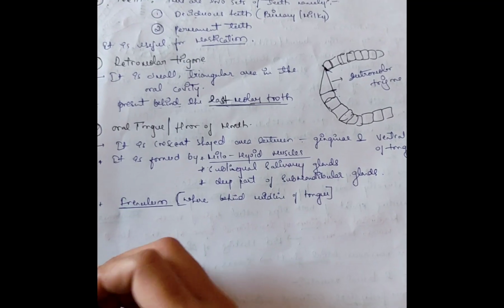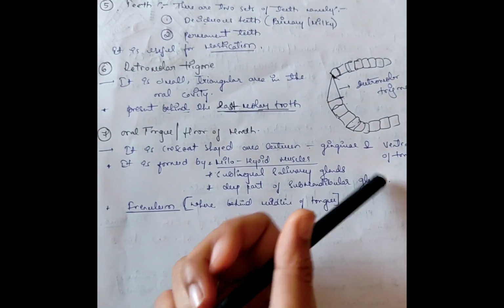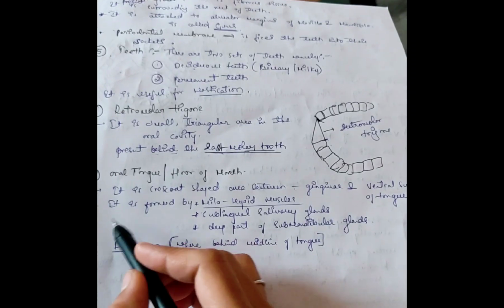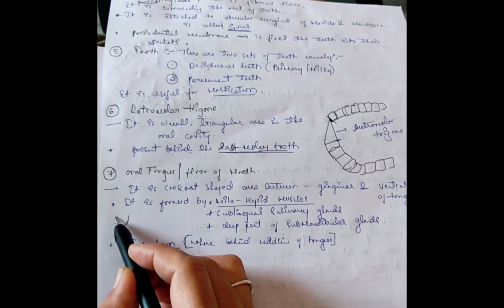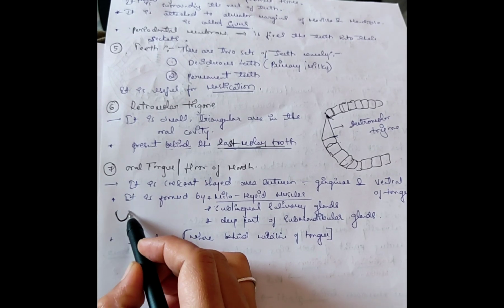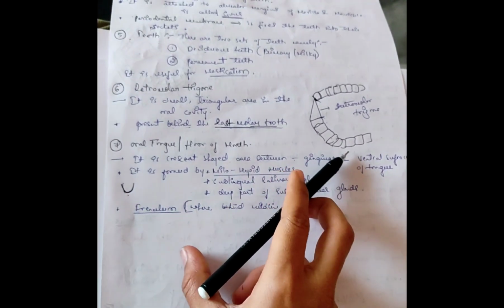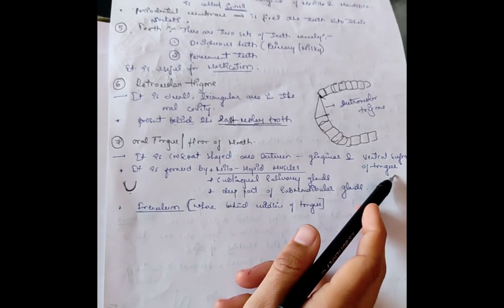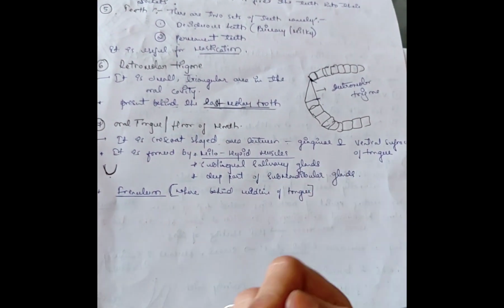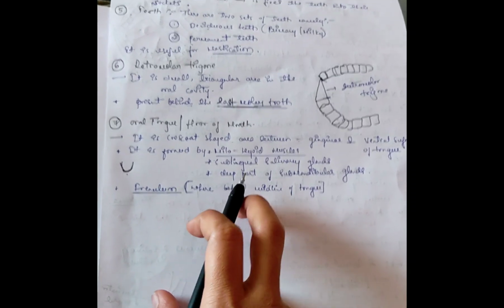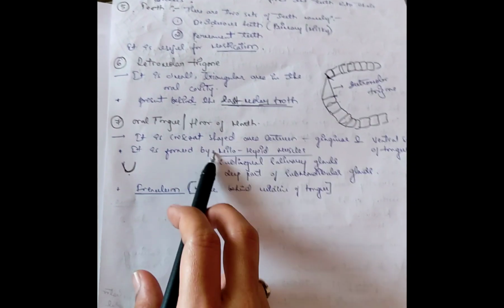The next point is the oral tongue, or the floor of the mouth. It is a crescent shaped area between the gingiva and the ventral surface of the tongue. When the mouth opens, the visible tongue is the oral tongue.